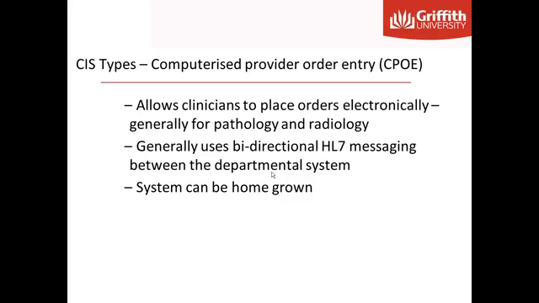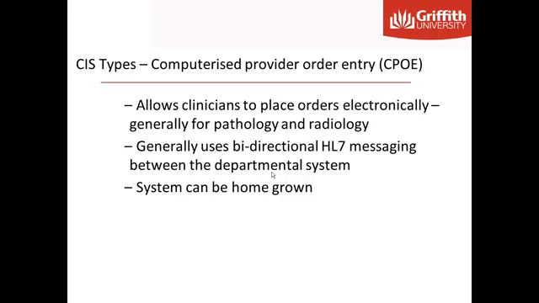The computerized physician order entry system decreases delay in order completion, reduces errors in relation to really bad handwriting or transcription. It allows order entry at the point of care, provides error checking for duplication and incorrect doses or tests.